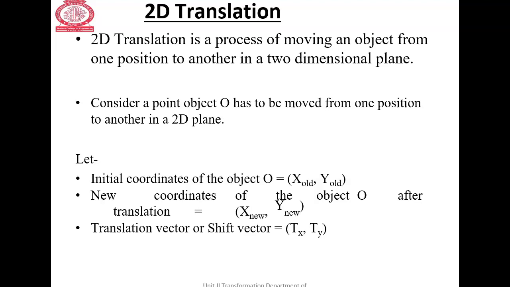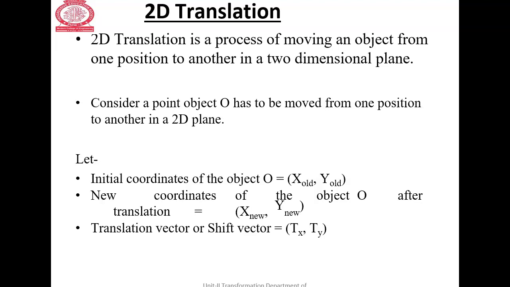Now, after applying 2D translation, the new coordinates of the object O after the translation will be x new and y new. So how can we get x new and y new from x old and y old? To the x old, we need to add some parameter which will convert the x old into x new, as well as y old to y new.